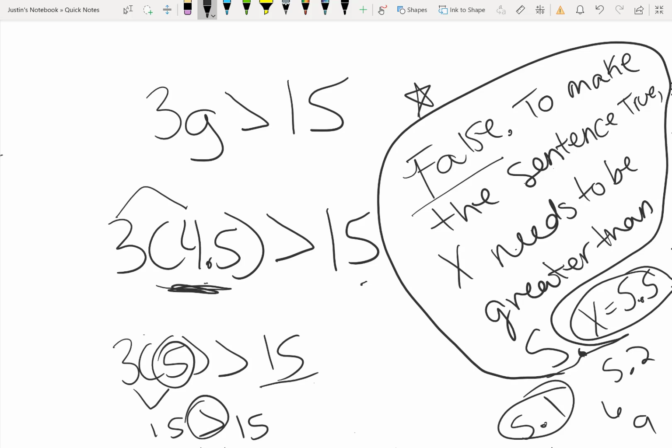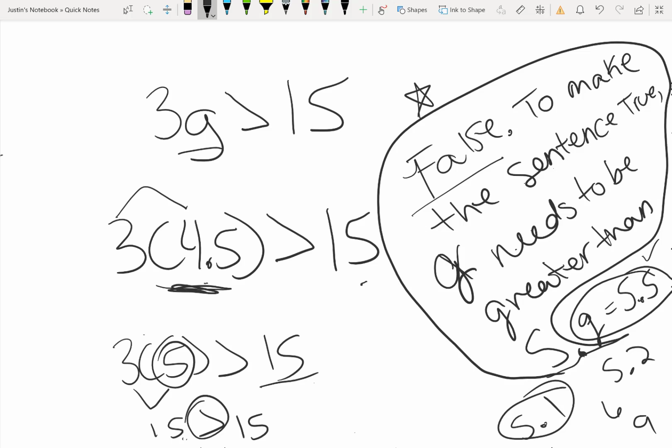So like I said, x equals 5.5. That would make it true, because then it would be greater than if it's multiplied by 3. If g equaled, I put x, sorry guys, g, because g was our variable, if g equaled 5.5, let me put g here as well. g needs to be greater than 5, so if g equaled 5.5, it would be true, because 5.5 times 3 is greater than 15.